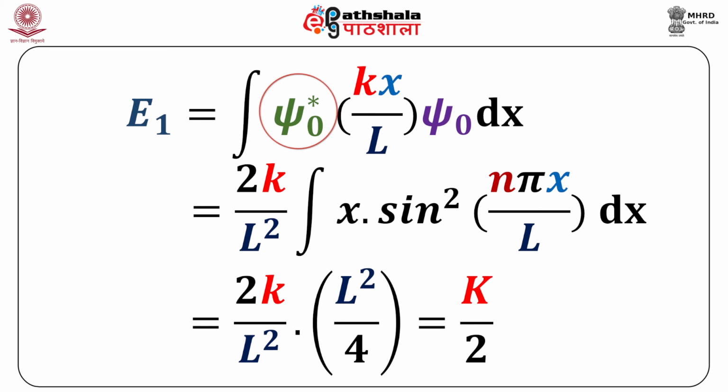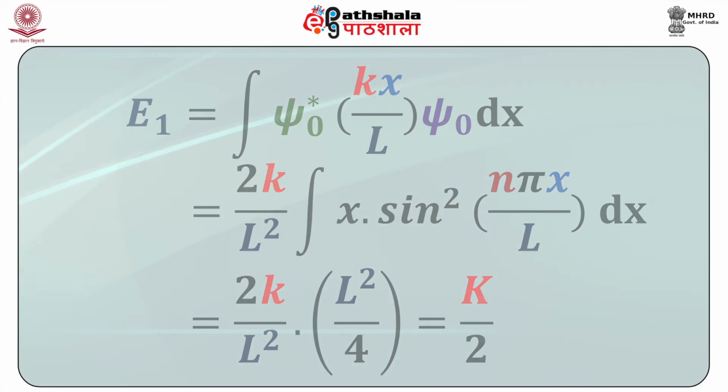Then we put H1 cap, the correction we just mentioned, and if we substitute all this, we get the first order correction to energy due to perturbation, which comes to be K by 2.